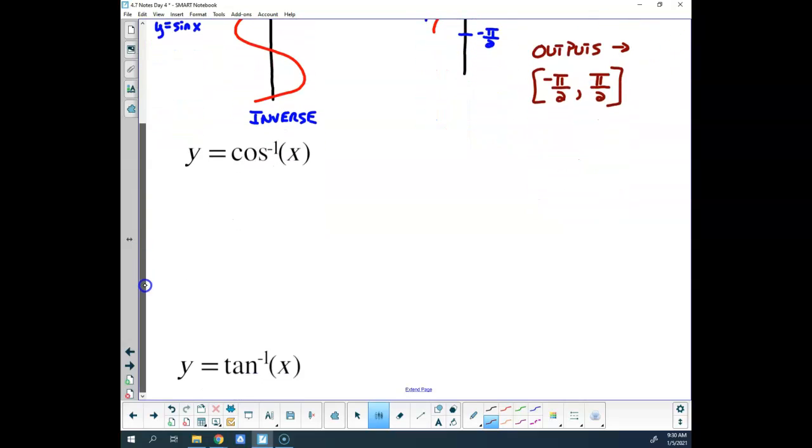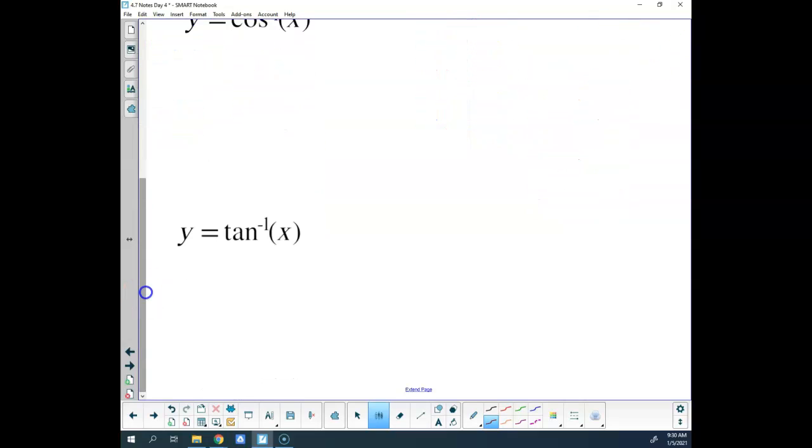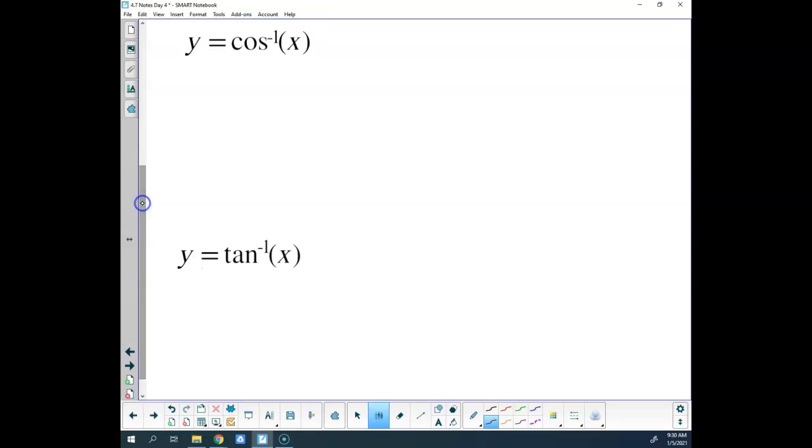Then we went to cosine. And we did basically the same thing. We said an actual cosine, and when we invert it, we flip it around.